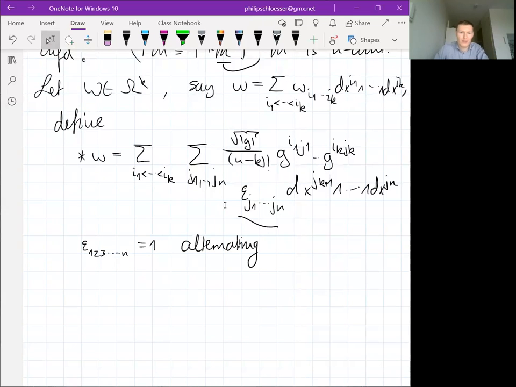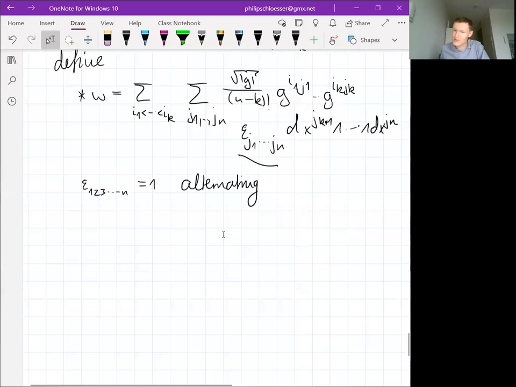So, barring metric factors, what our Hodge star is doing is that we have some object with indices i, and then we take the epsilon of that thing with j_{k+1} until j_n, and then use the metric to raise indices. It's really hard to explain what it does, actually.